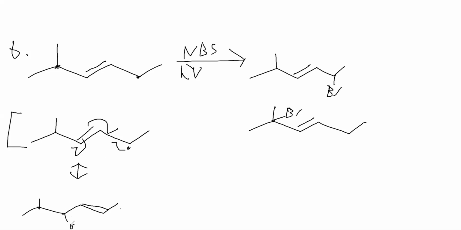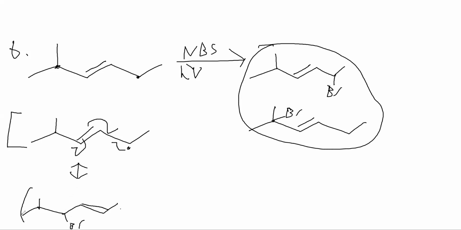The bromine goes where the radical just was, like this. I'm going to circle all the products because I'm running out of space and it's getting a bit cluttered. What I'm circling is the products, and I'll point out the major one at the end.